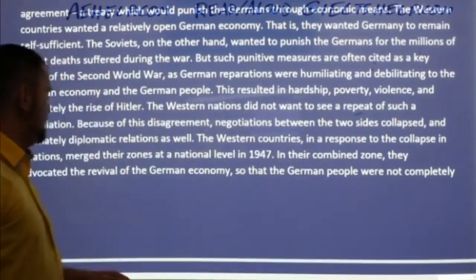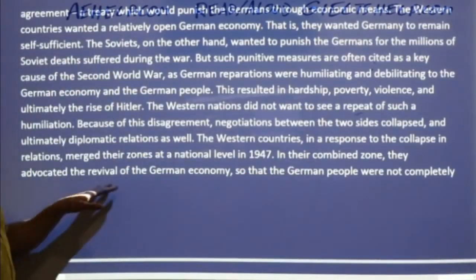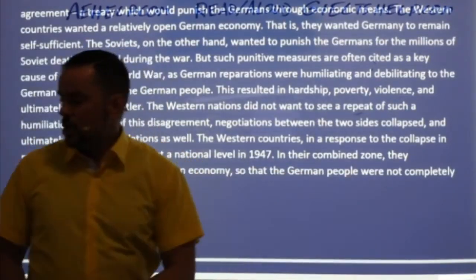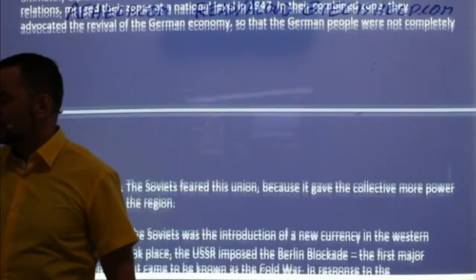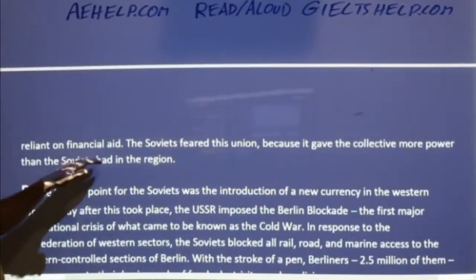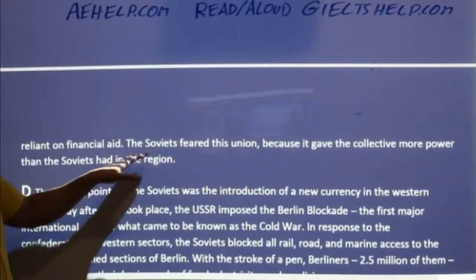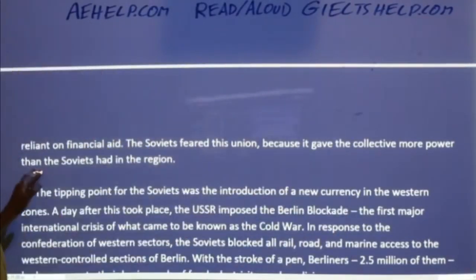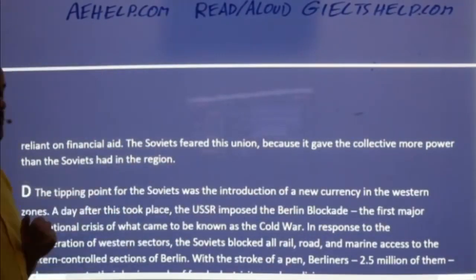In their combined zone, they advocated the revival of the German economy, so that the German people were not completely reliant on financial aid. The Soviets feared this union because it gave the collective more power than the Soviets had in the region.